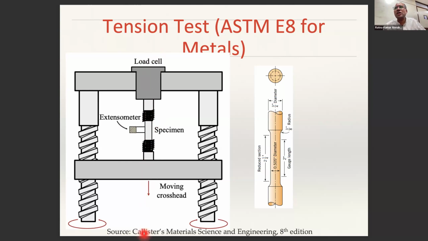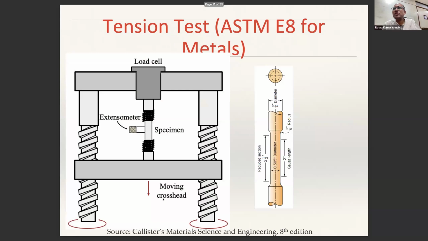As you move the crosshead, there will be deformation in the specimen, which will be measured using an extensometer, and the resisting load is measured by the load cell. And here you have a screw type arrangement. You have a motor which will rotate the screw. As a result, the crosshead will move down or up, as the case may be.